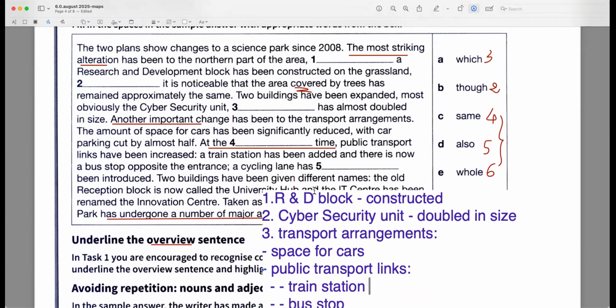Okay, actually, first they mentioned the research and development plot has been constructed, and then here we have our cyber security unit has doubled in size. So it's a new one, or the same but expanded.